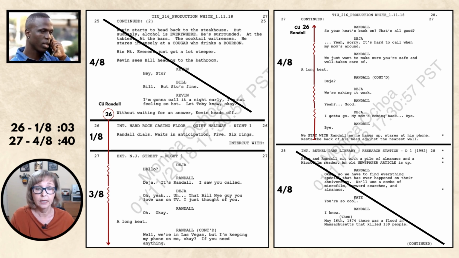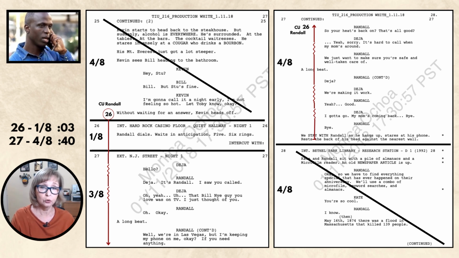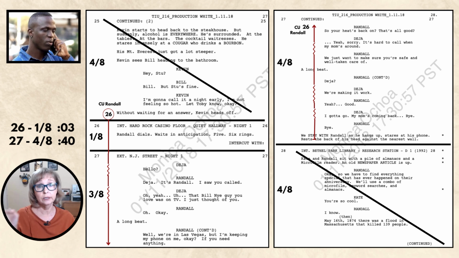So that's how you're going to credit that scene. The other thing you want to make note of: what hand does he have on the phone, and also which way is he looking? He's looking camera right. So you want to make sure that you make note of that, so that when you go to shoot Deja, she's actually looking the other direction.